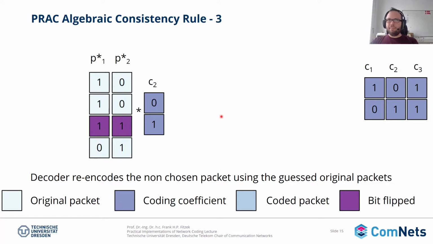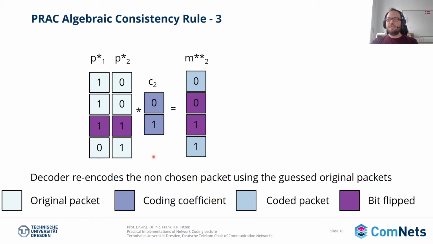The next step to identify where the errors are is to use the coding coefficients of the packet that we did not use in these first steps and generate what would be called M2**. So if you remember, we received M1*, M2*, and M3*.